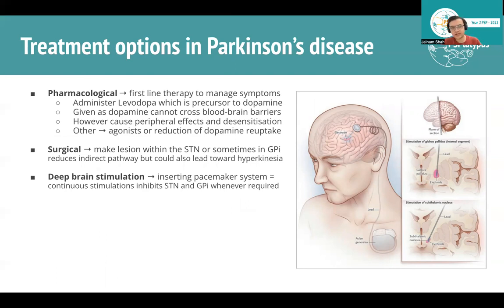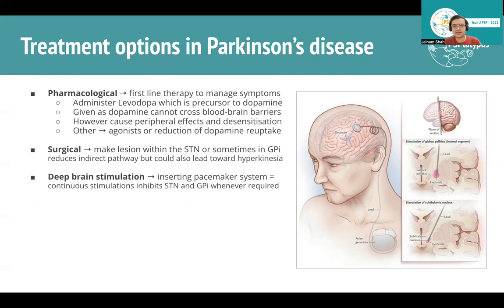So we need to give the precursor, which can cross, and then it gets converted into dopamine by particular enzymes. However, it can still cause peripheral effects if some of that levodopa stays within the peripheral system, and it can also lead to desensitization over time. So it's not a perfect drug, but it can still manage the major symptoms that you see.